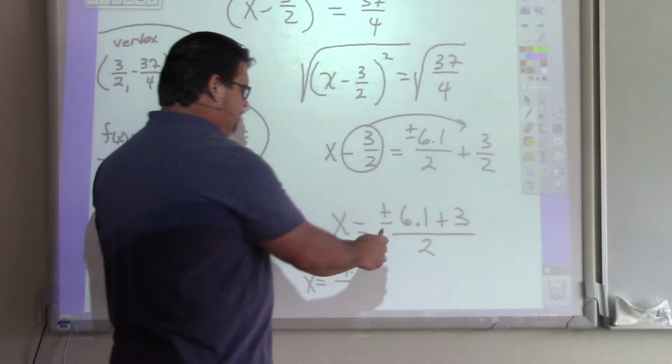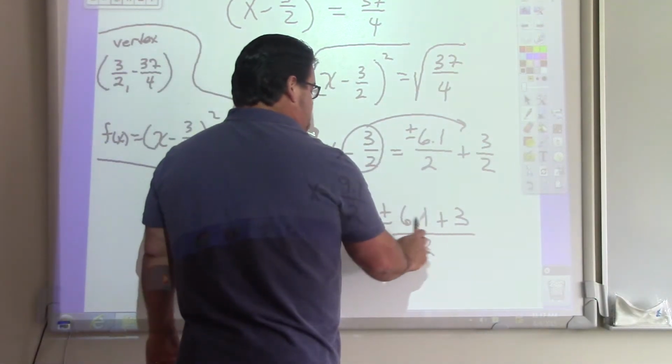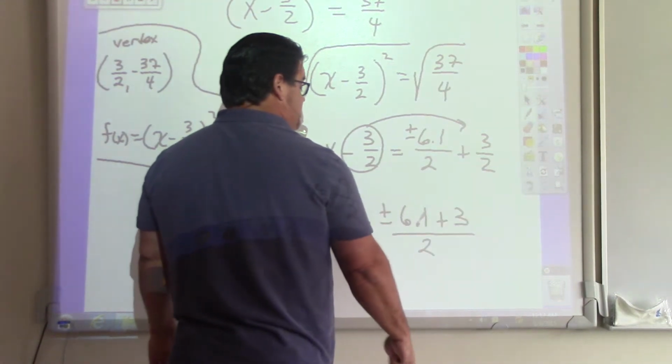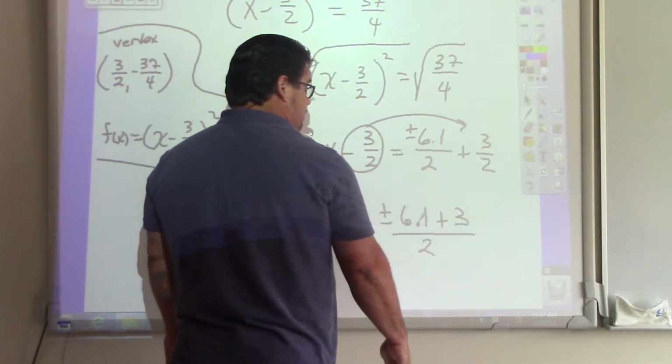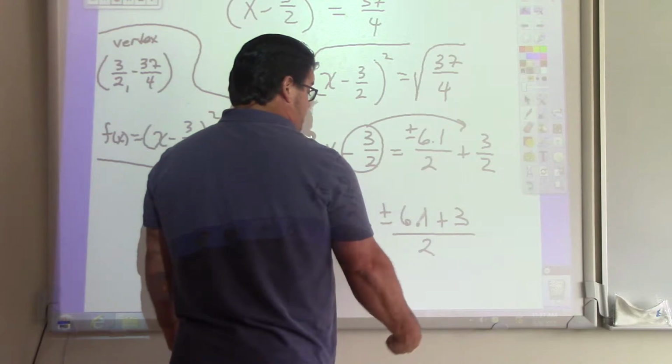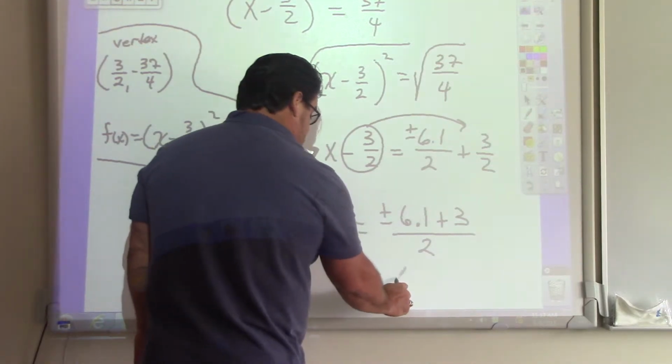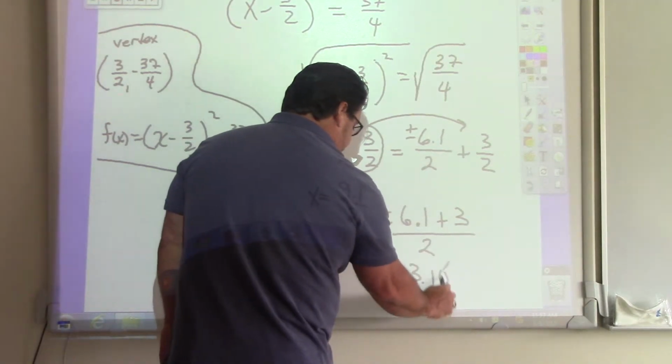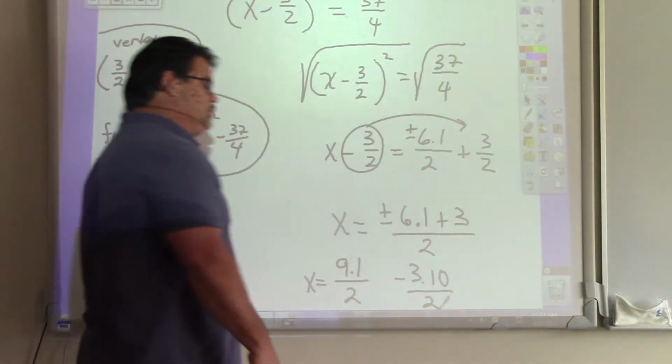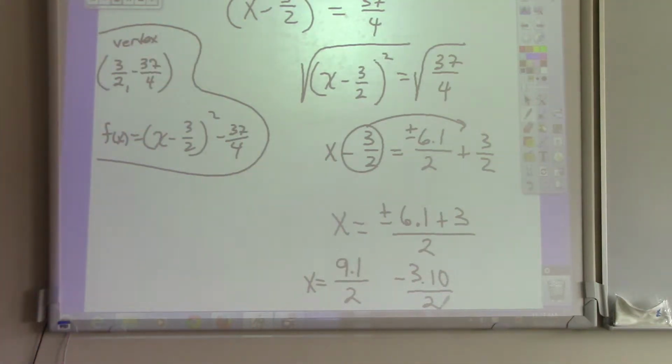And let's do the other one. You owe 6.10. You have 3. So what's the outcome? You still owe 3.10 divided by 2. Now let's see if we can figure these two. Half of 4.55. Sorry, I said 4.60.